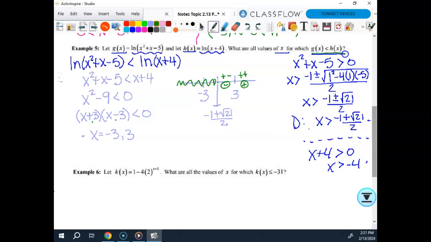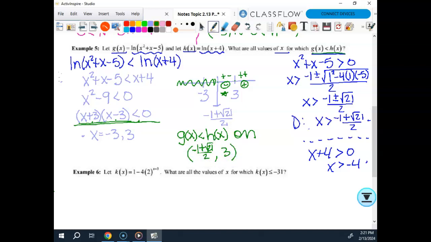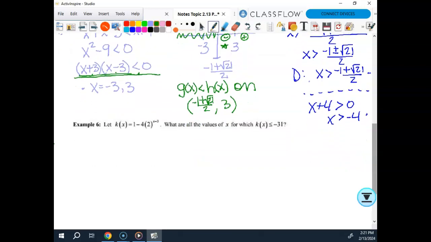We manipulated a bunch of stuff, but really this was where we ended, trying to figure out when this is less than 0. And it is less than 0 when it's negative, so that's this part right here. So I can say g of x is less than h of x on the interval from negative 1 plus the square root of 21 over 2 to 3. And that's my interval.